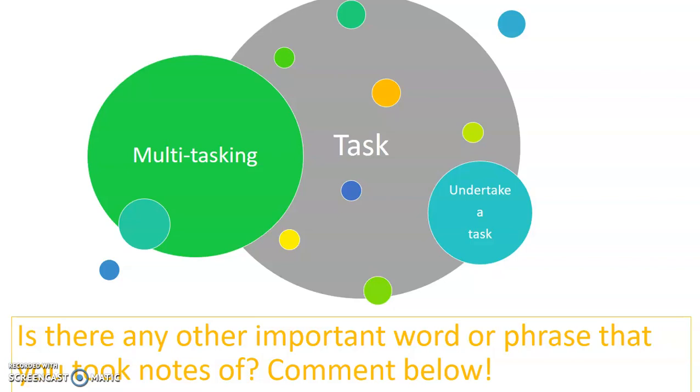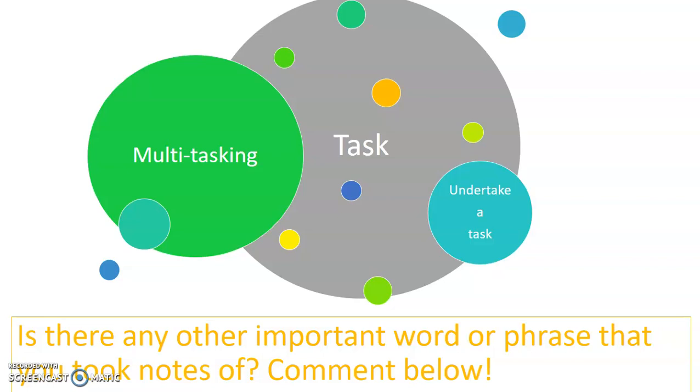It was a noun. And another related word that I found in a collocations dictionary was undertake a task, to take the responsibility of a task. So is there any other important word or phrase that you took notes of in your notebook or in your vocabulary journal? Please comment below.